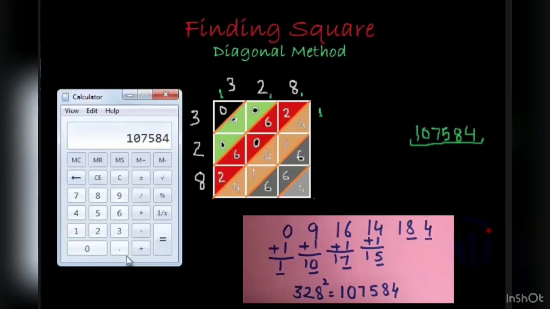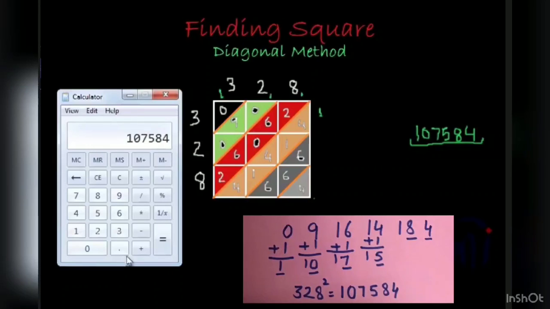Now what to do? Underline the unit digit and start from the right side. 4 is underlined. In 18, 8 is at the unit place, so underline it, and add 1 in the next portion, in 14: 14 plus 1 is 15. Underline 5 and add 1 to 16, you will get 17. Underline 7, add 1 to 9, you will get 10.